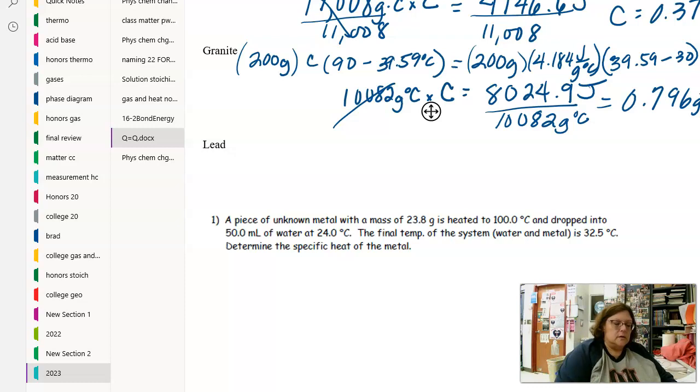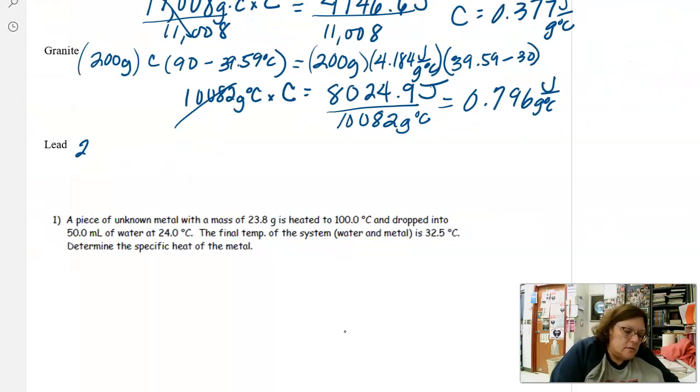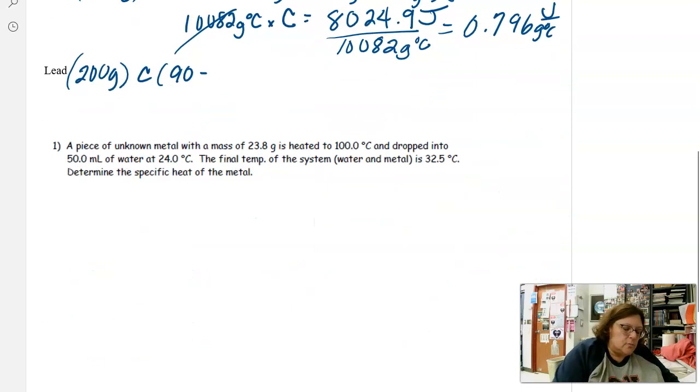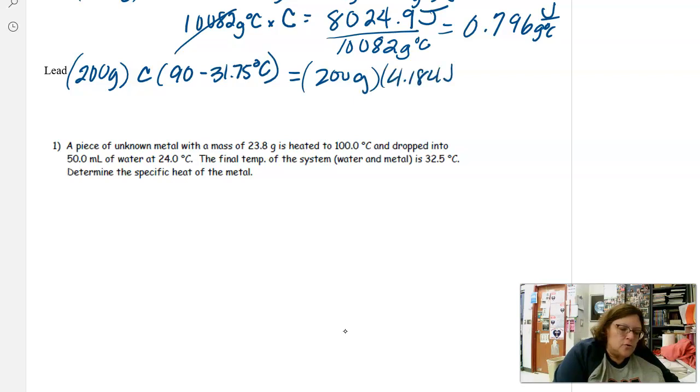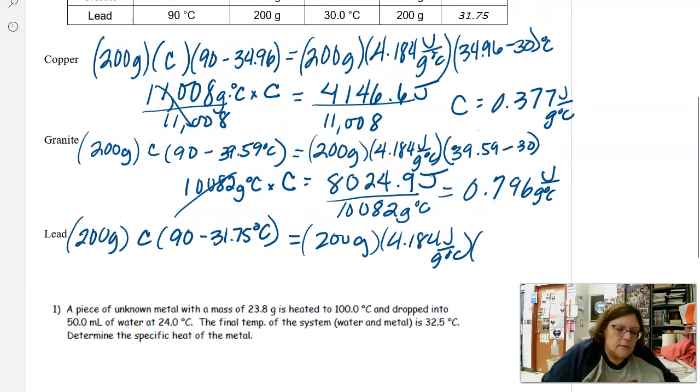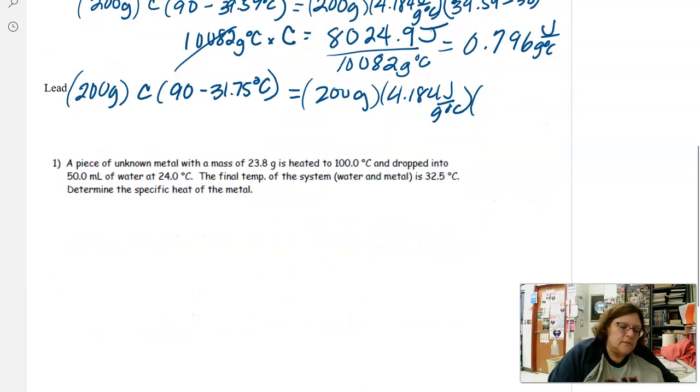See how close we get on the lead. We had 200 grams of lead times the specific heat of lead, and the temperature change for the lead was 90 to 31.75. Then we set that equal to 200 grams of water times 4.184 joules over grams degrees Celsius times 31.75 minus 30.